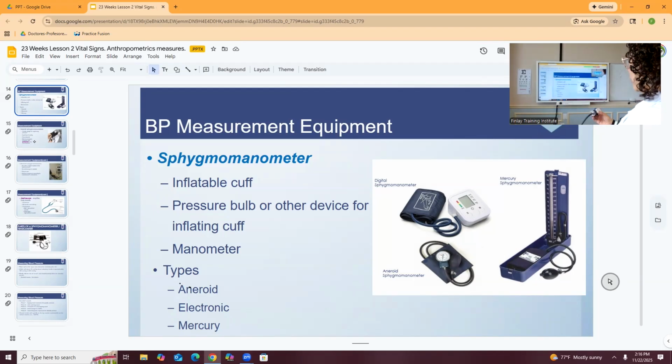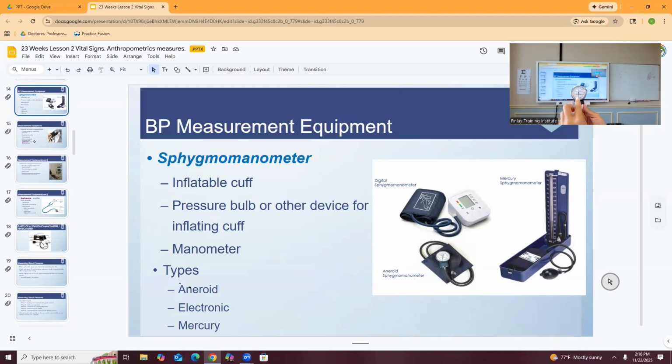The other part of the sphygmomanometer is the actual manometer that is going to look kind of like a clock, okay? If you see, it's going to have the measurements, it's going to have the digits every 20: 20, 40, 60, 80, 100, and in between, there are going to be lines. Each of those lines is going to correspond to 2.